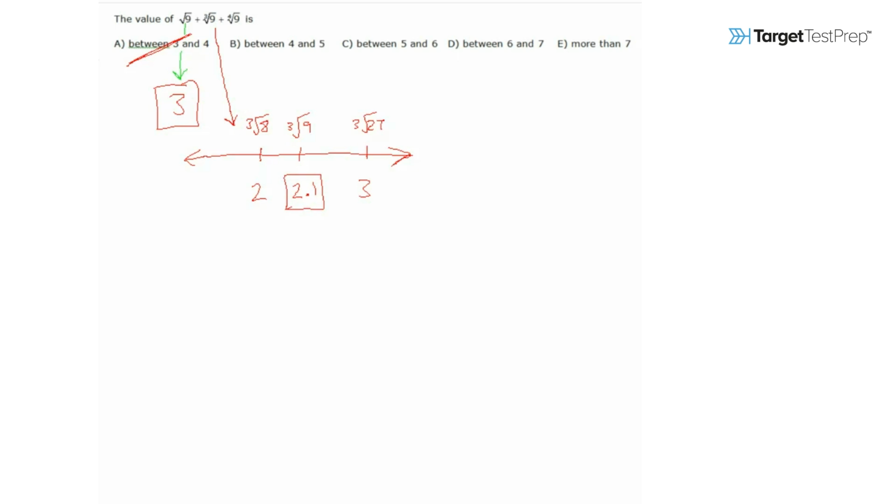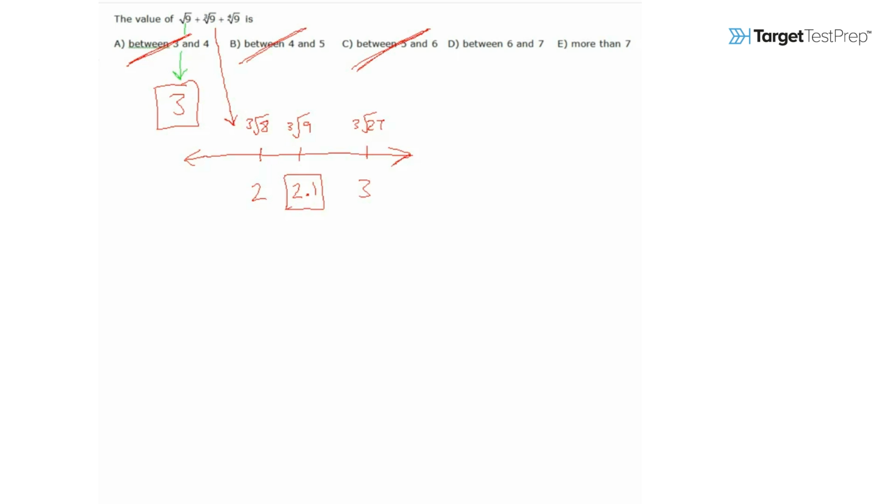So at a bare minimum, we know the sum of these three terms is going to be 6.1 or higher because 3 plus 2.1 plus 1 is 6.1. So it means that we have the opportunity to eliminate B and C. Now again, I don't necessarily do that if I have the time, but if you're running out of time and you have to make a guess very quickly and move on, this is at least one way to increase your odds.